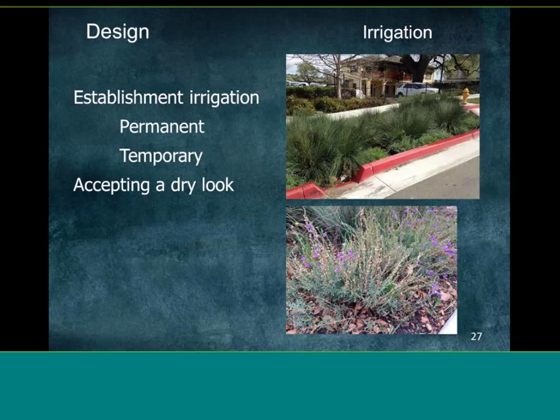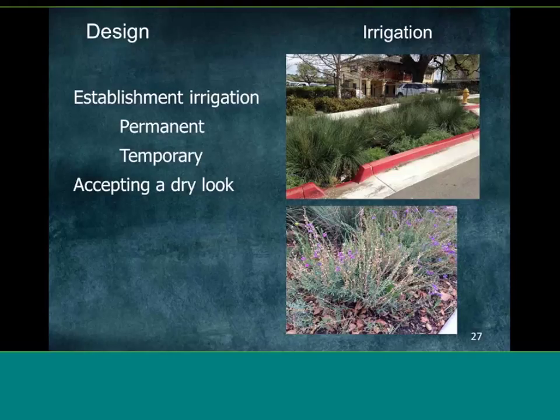So I will say that I think irrigation is important. I think it's important to establish plants in a bioretention system. It's a functional system. It's not just an aesthetic system. And so it's important to establish the plants. The roots will develop way better through an establishment period, 1 or 2 years.